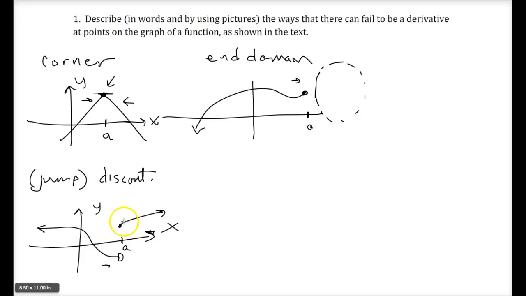But regardless, because we have this jump discontinuity here, the behavior from the left is not the same as the behavior from the right. And so the slope of the tangent lines coming from the left and coming from the right aren't consistent either. And so that's why we actually fail to have a derivative there, okay?